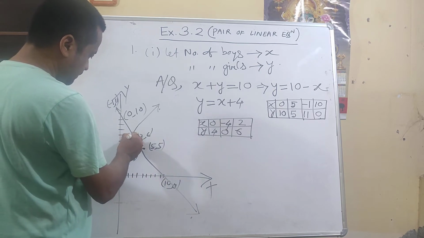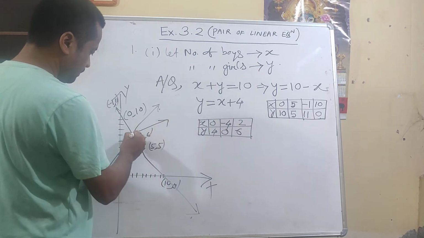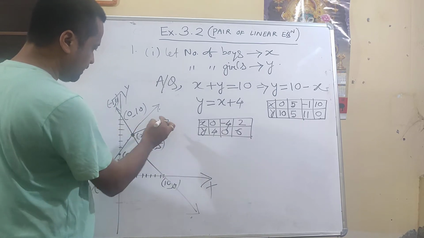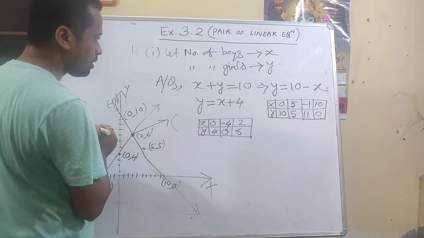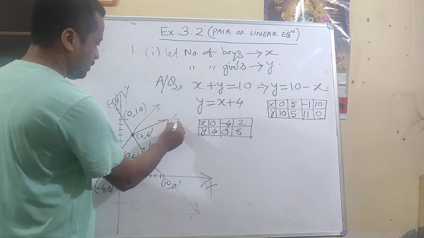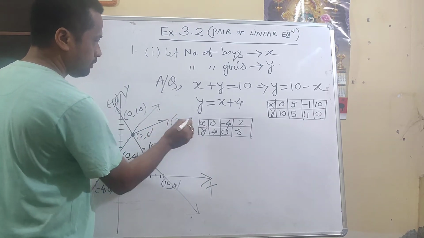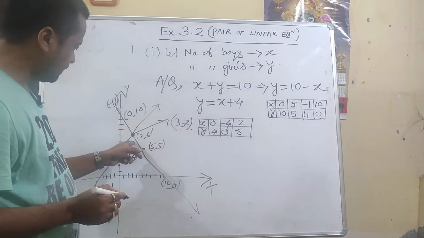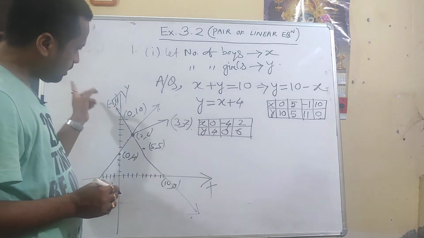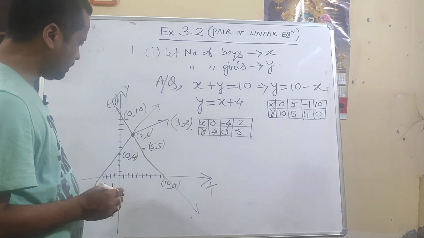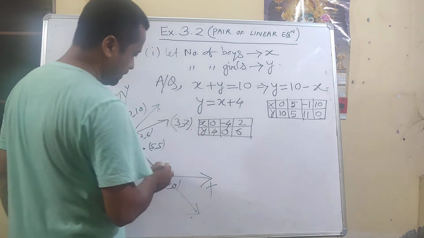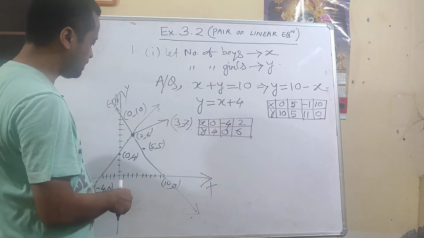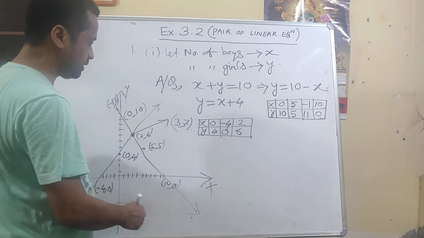Both the graphs intersect at one point. After observing the graph, you will find that this point is 3, 7. That is, 3, 7 is the common point of intersection of both the graphs.